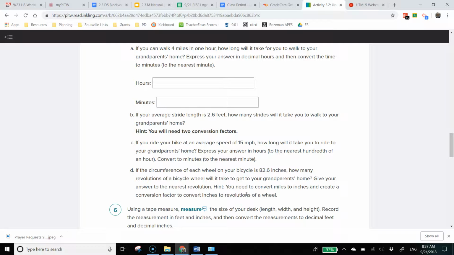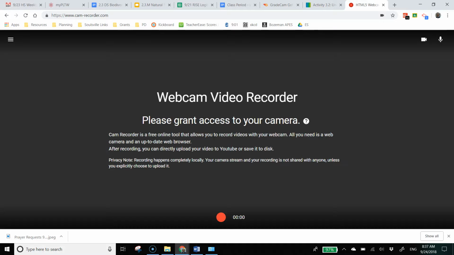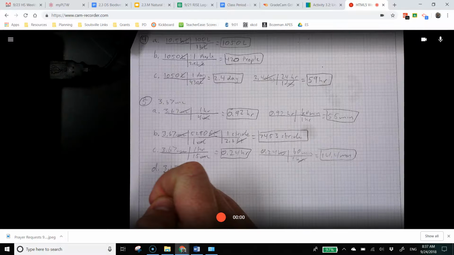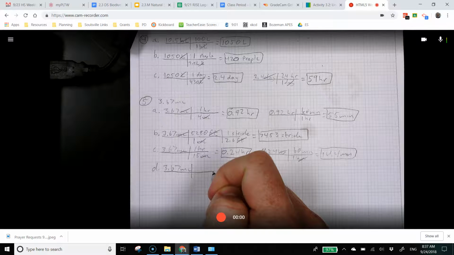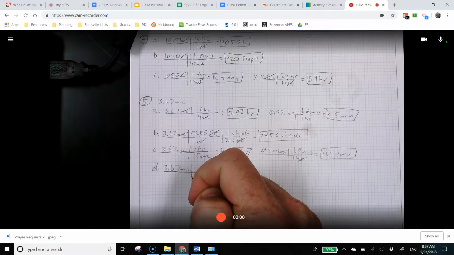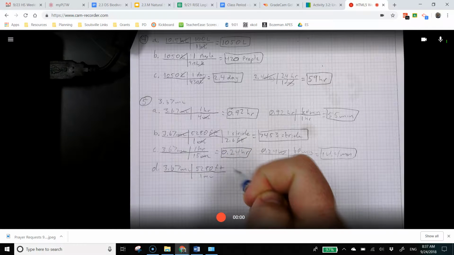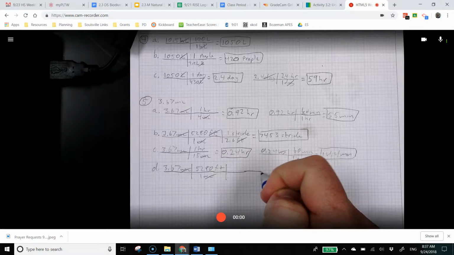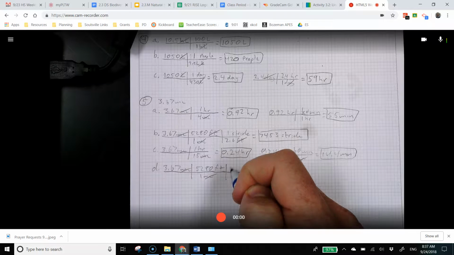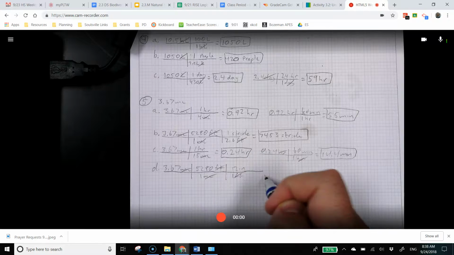So I start with 3.67 miles. I don't have a direct conversion from miles to inches, so I'm going to go to feet next. So 1 mile is 5,280 feet. Cross out miles. Now I'm in feet, which is good. Moving along. I can go 1 foot is 12 inches. Cross out feet. Now I'm in inches.